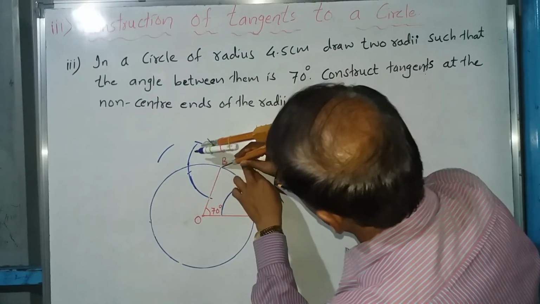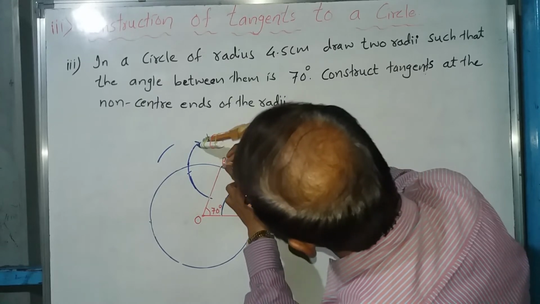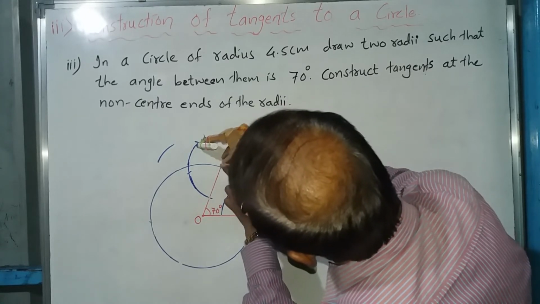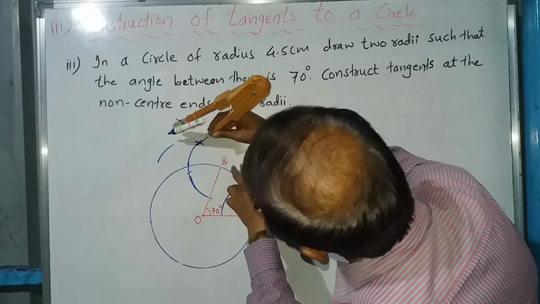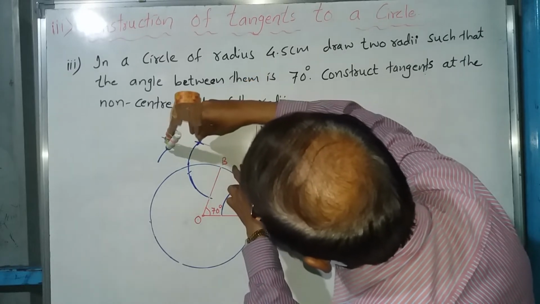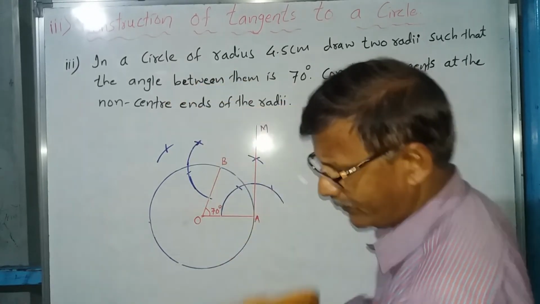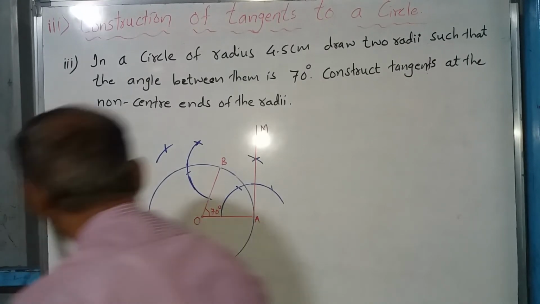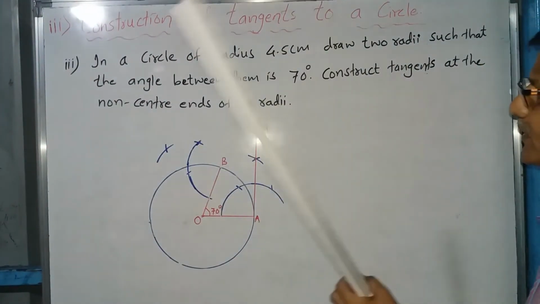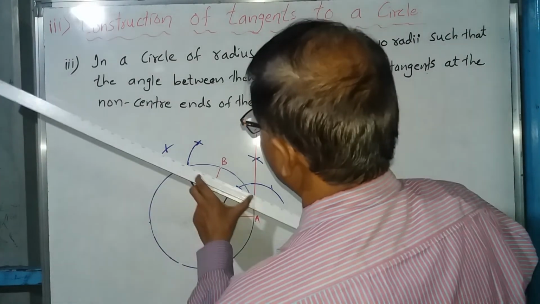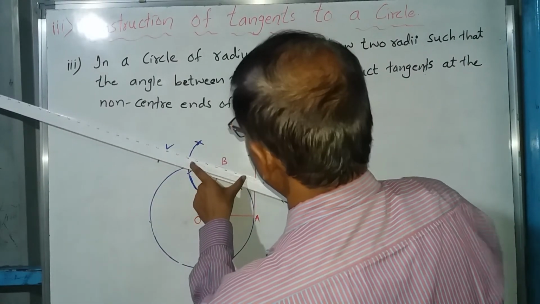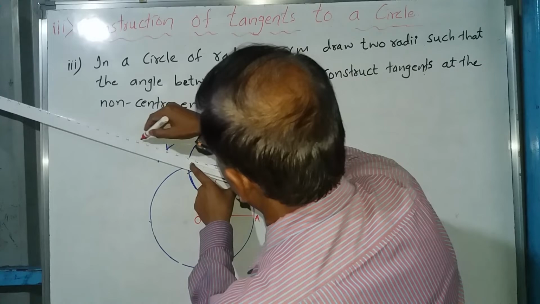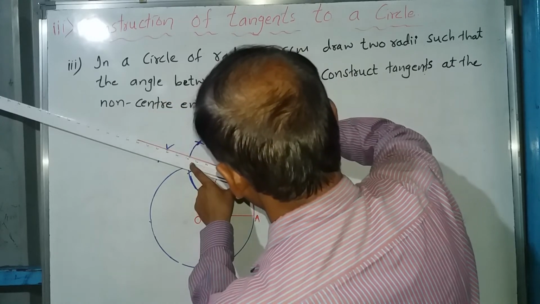Let us extend the semicircle, because before itself you have to draw it extra. After that, keep the compass here. They will intersect at a point. Come on, join. This is the other tangent to the circle at the point.